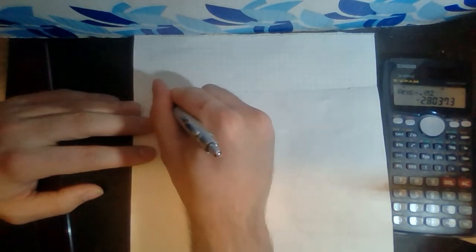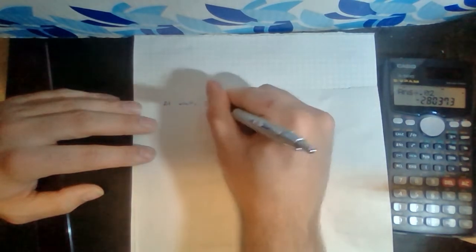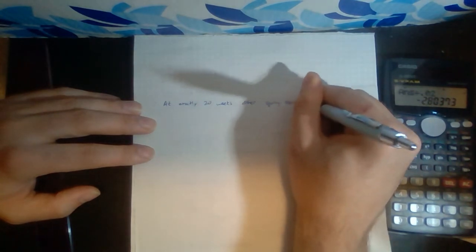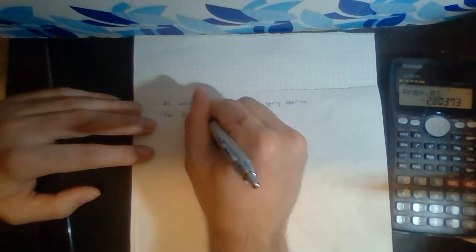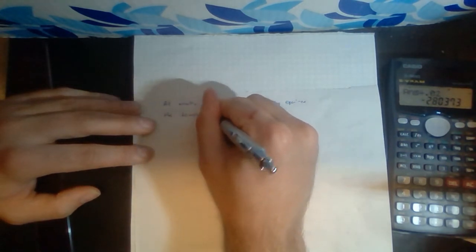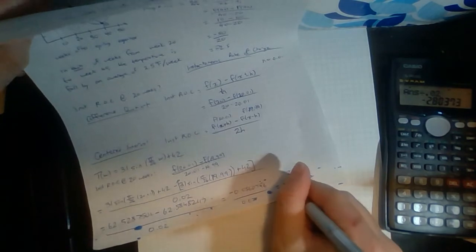So, therefore, at exactly 20 weeks after the spring equinox, the temperature is falling because our instantaneous rate of change was negative.